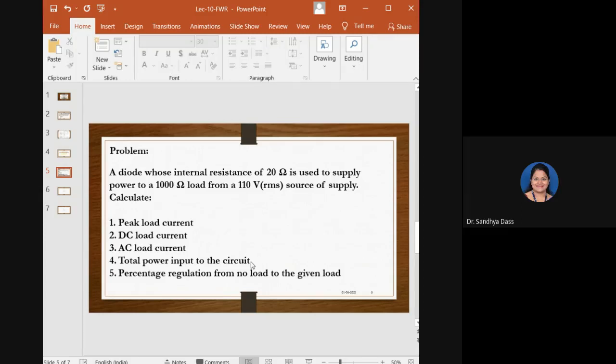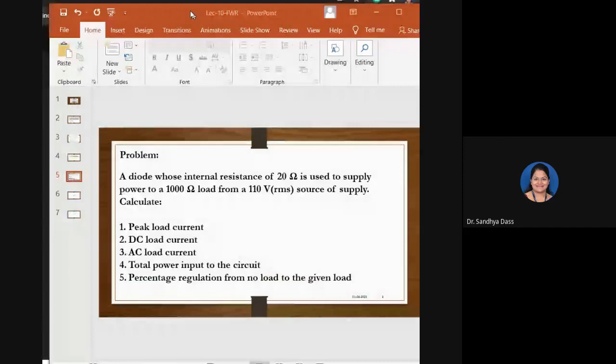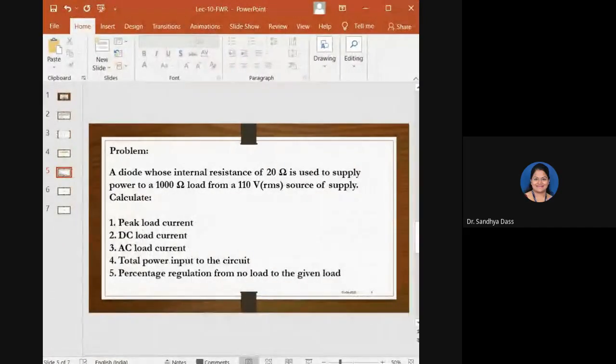Calculate the peak load current, DC load current, AC load current, total, sorry, is anyone asking anything? Total power input to the circuit and percentage regulation. Just see if you are able to solve that. First, understand the question and see how to proceed.